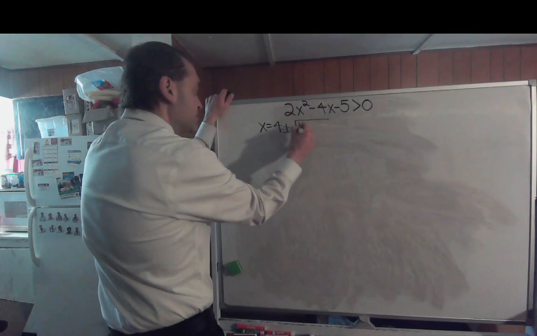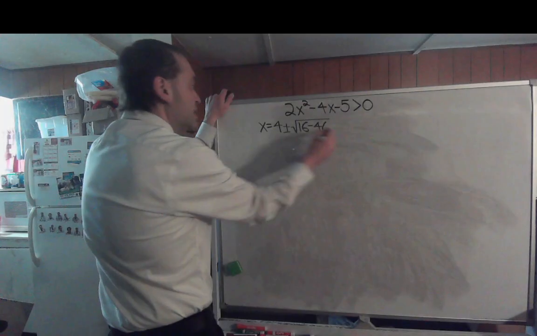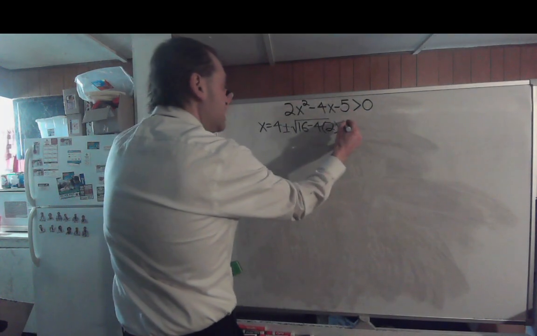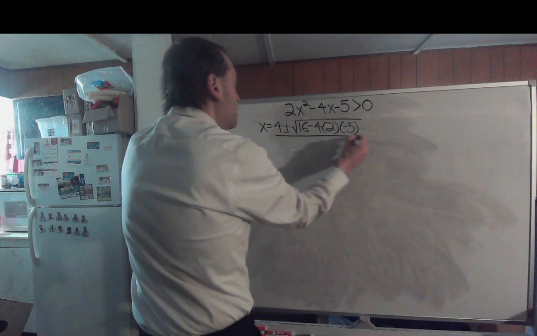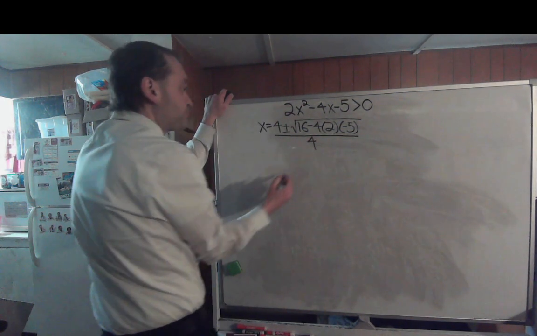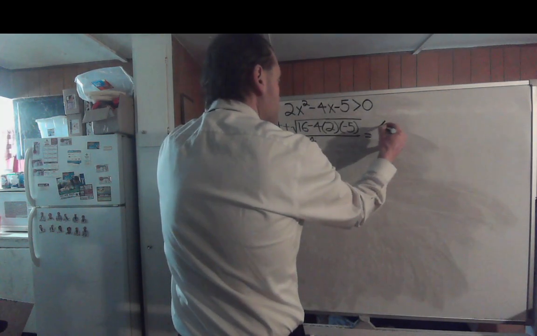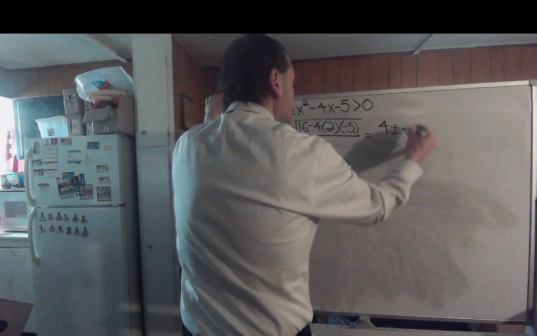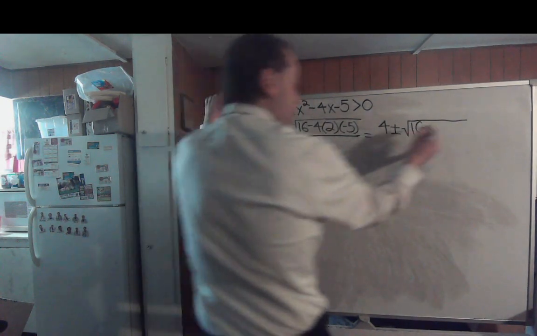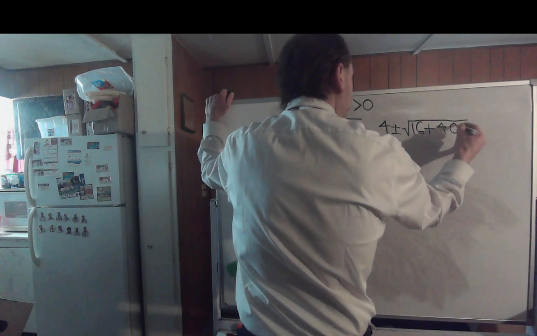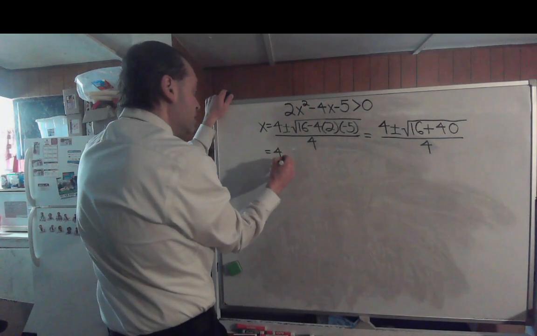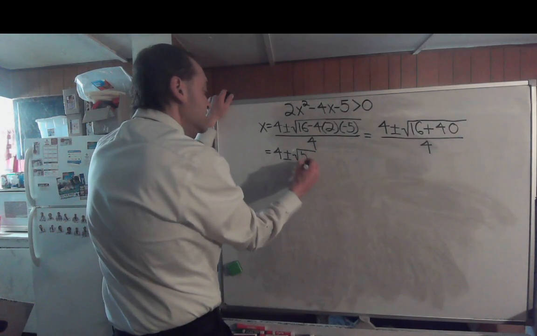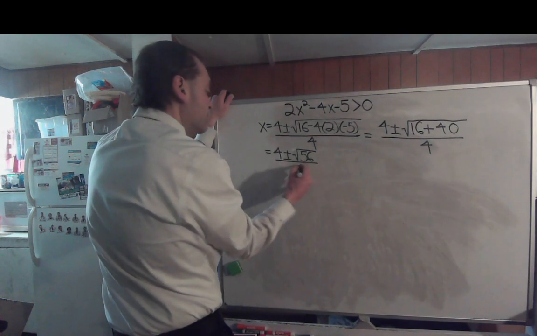That negative 4 squared is 16 minus 4 times your a of 2 times your c of negative 5, all over 2 times your a of 4, which would end up giving you 4 plus or minus the square root of 16 plus 40, all over 4, which would be equal to 4 plus and minus the square root of 56 all over 4.